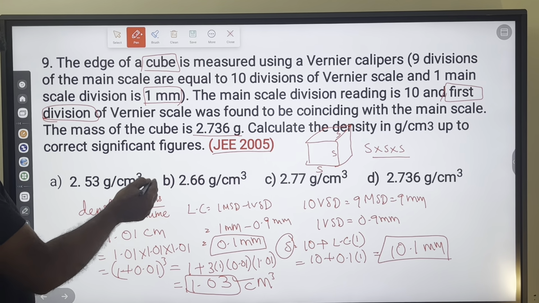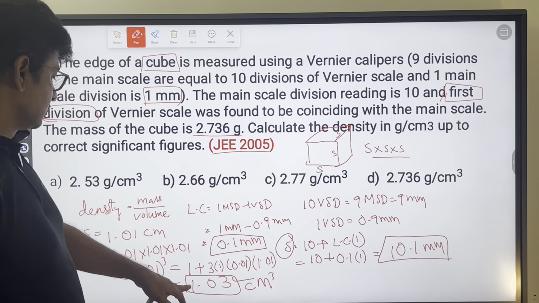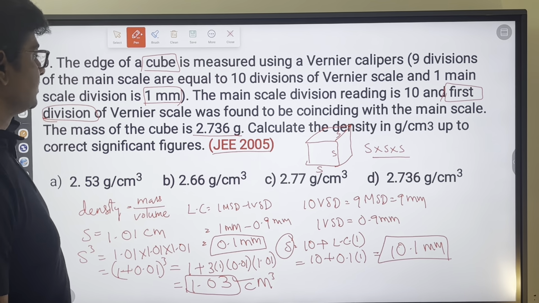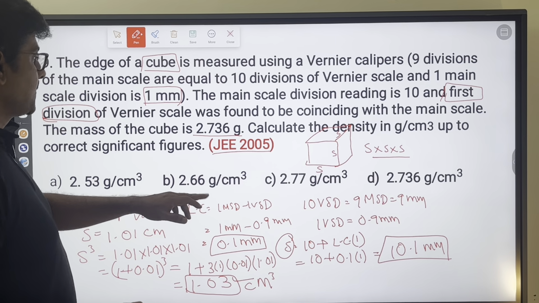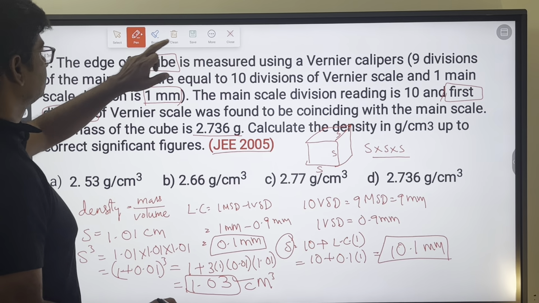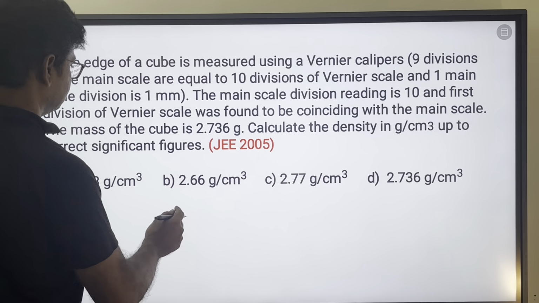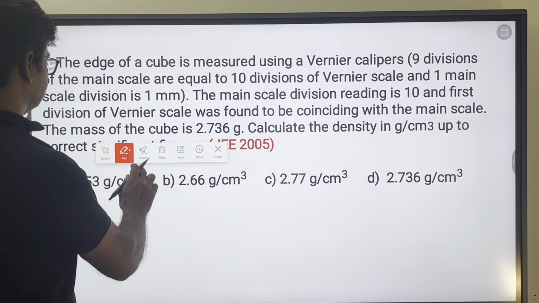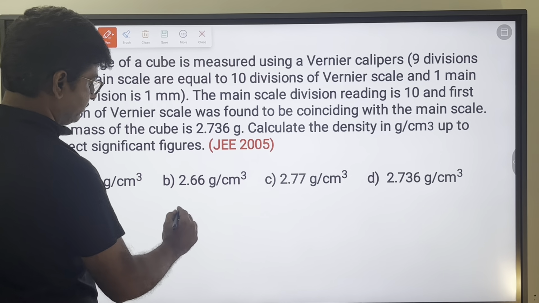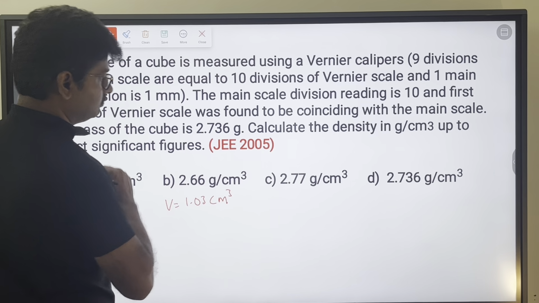Now we see what the density is. Remember the volume is 1.03 centimeter cube.